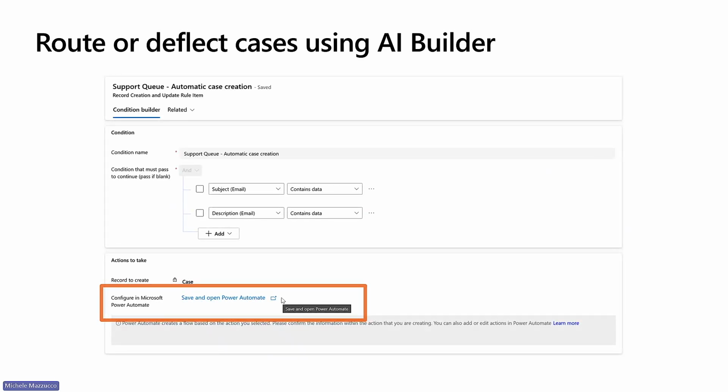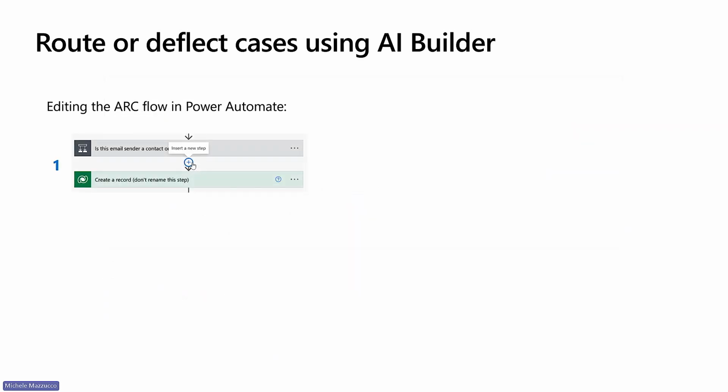In Dynamics 365, we already have automatic record creation rules that will automate the case creation when a new email arrives. These rules are implemented with a Power Automate flow, which is created automatically by the system. Now, some parts of the generated flow must not be changed. However, we are free to add some additional steps before the case creation step.